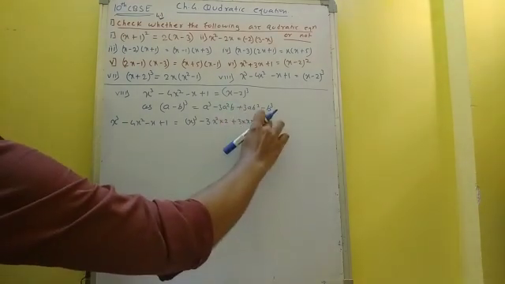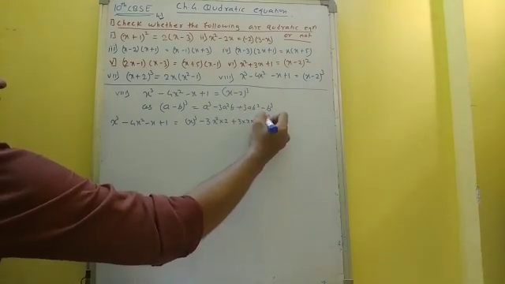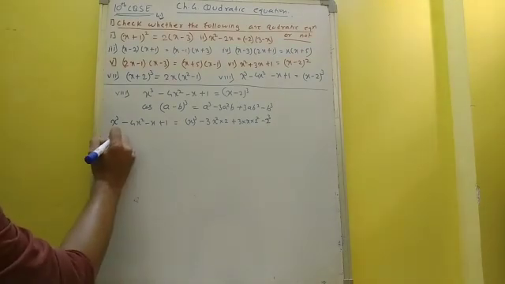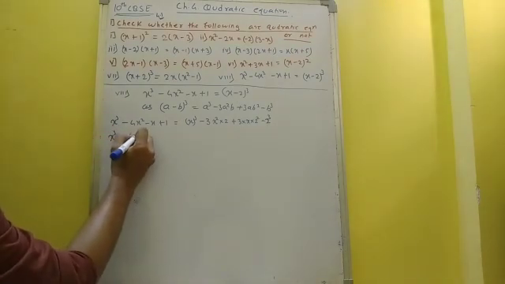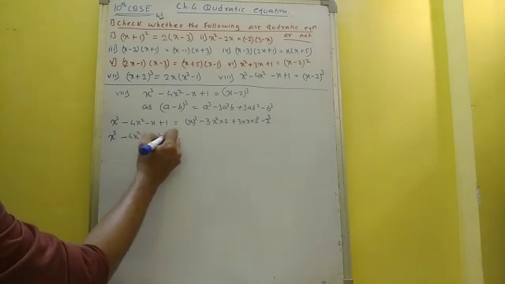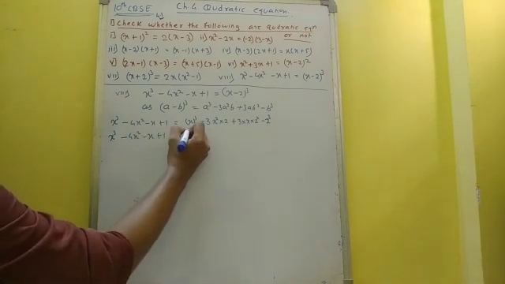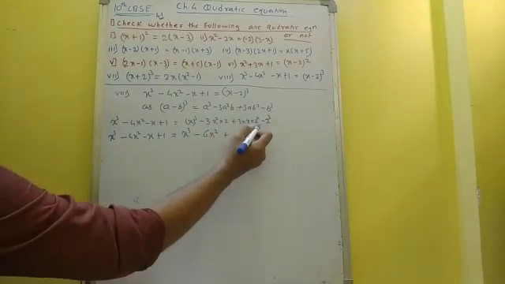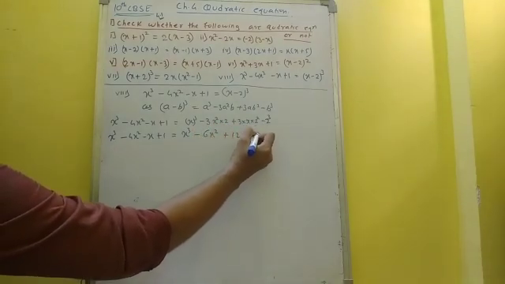Okay, or I will write 2 cube. In the next step I will write 8. So it would be better for you to understand. So x cube minus 4x square minus x plus 1 as it is, x cube as it is, 3 2s are 6x square, 2 square is 4, 4 3s are 12x minus 8.